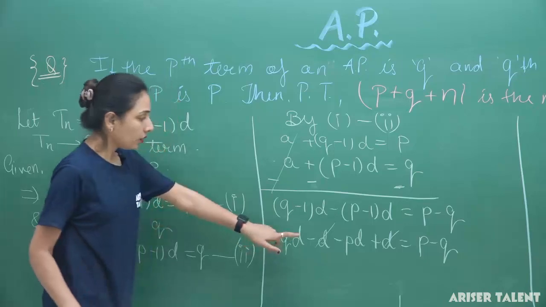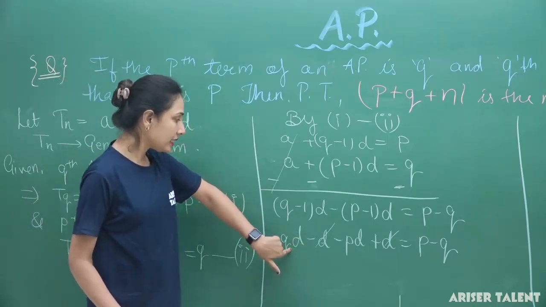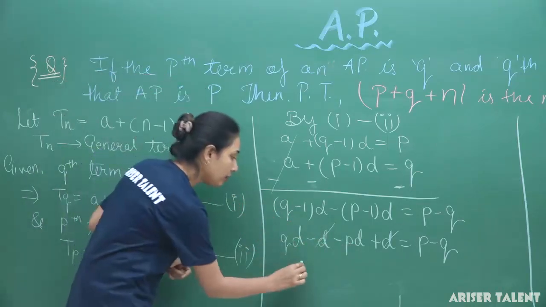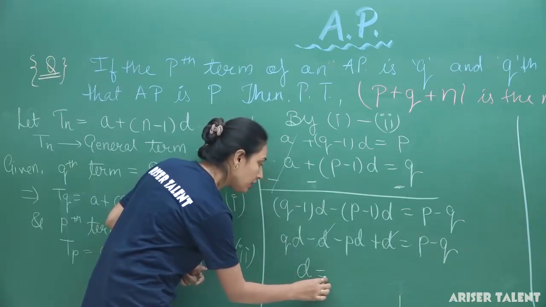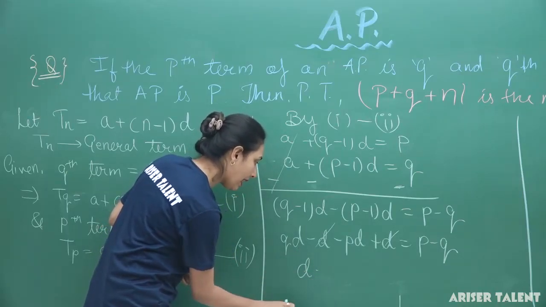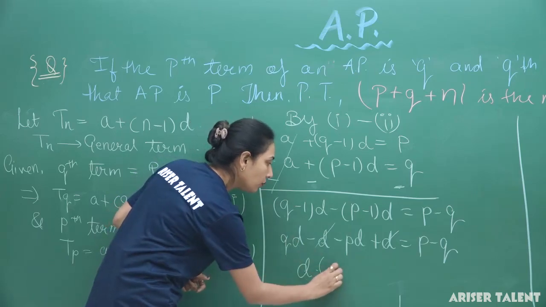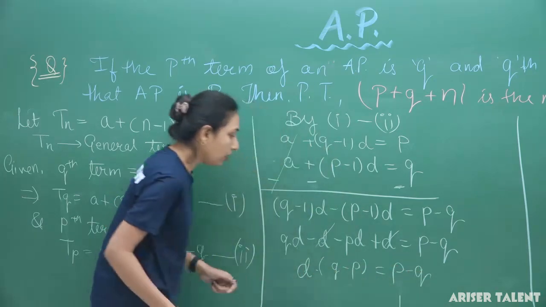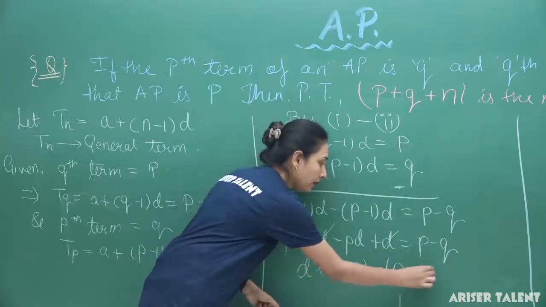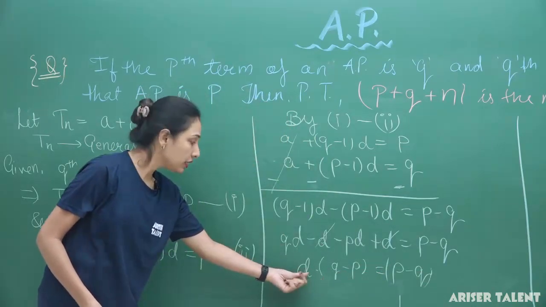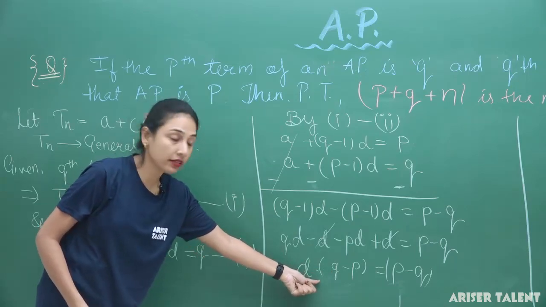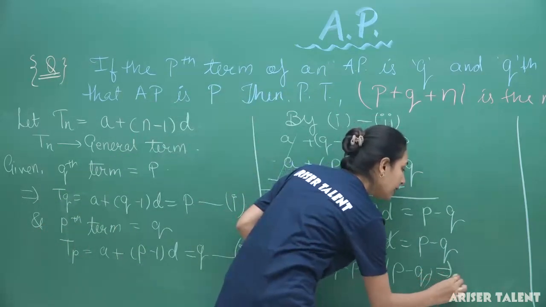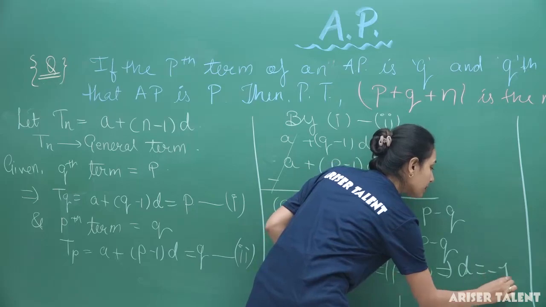You can take D common: D times (Q minus P) equals P minus Q. Here P minus Q is common, so D equals minus 1.